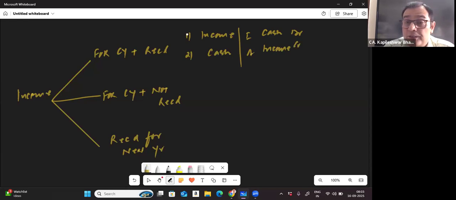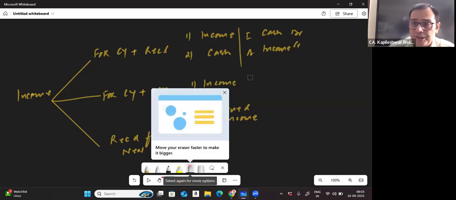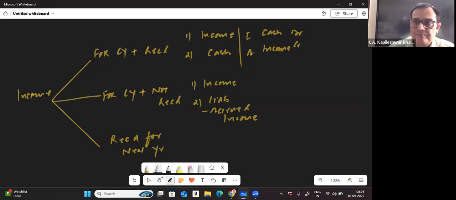And then you say for current year not received. So one is income. What is the other account? Accrued income. That's right. That's going to be called accrued income. Income is income, and this is liability.